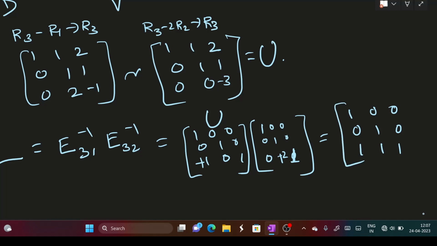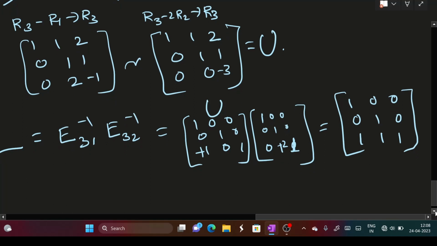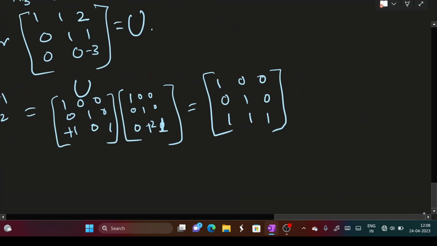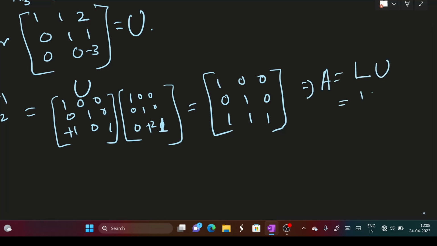So I got my L. Already I have my U. So what is my LU factorization? In this case, A is equal to LU. What is my L? 1 0 0, 0 1 0, 1 2 1.